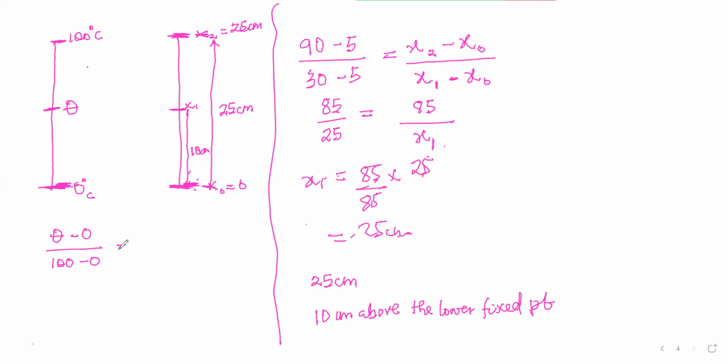We equate it to the difference in the length: 10 minus 0 over 25 minus 0.